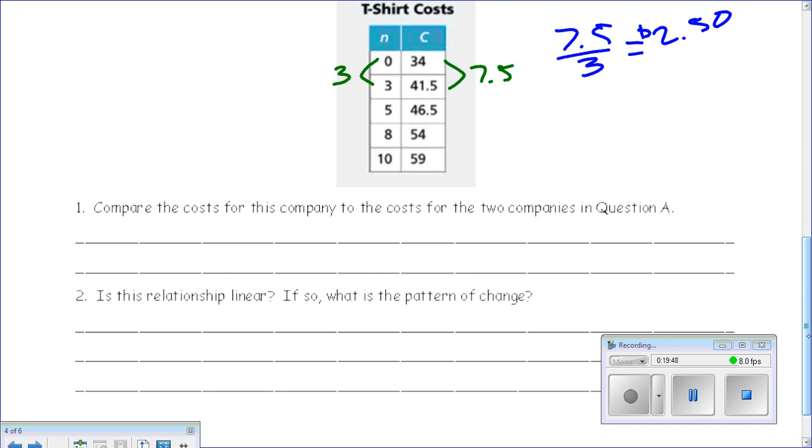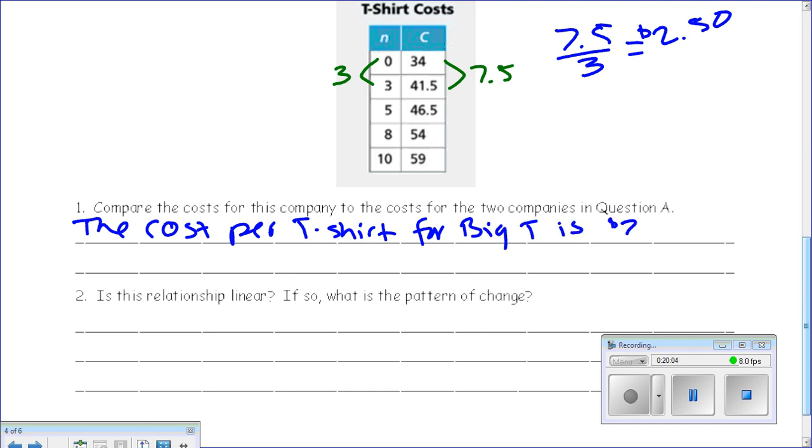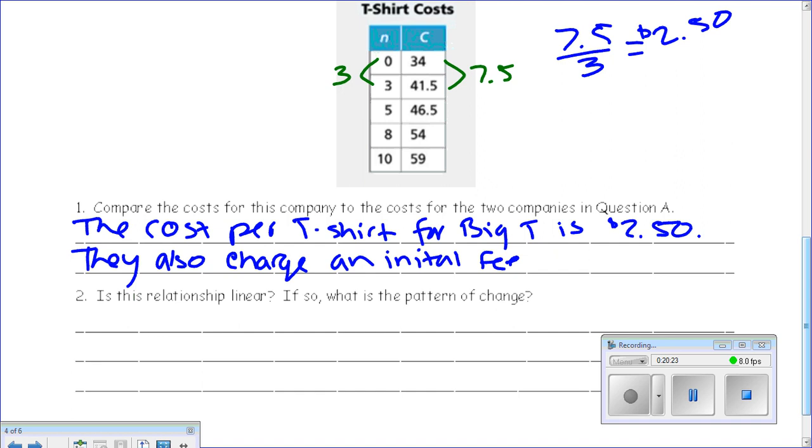So when we're looking at this, we can say that the cost per t-shirt for Big T is $2.50 for one shirt. And they also charge an initial fee of, how do we determine what their initial fee is?